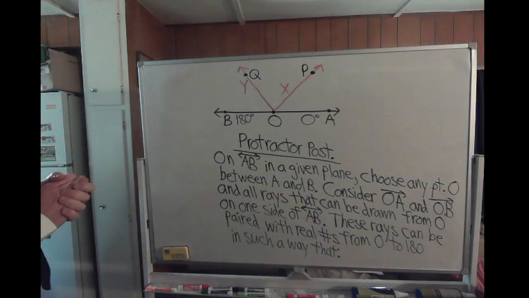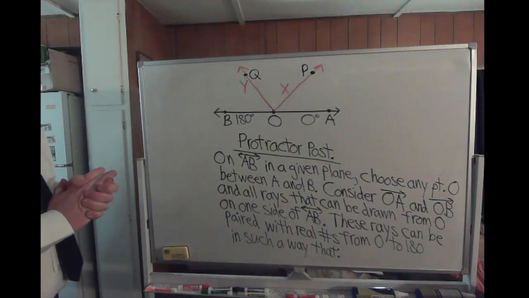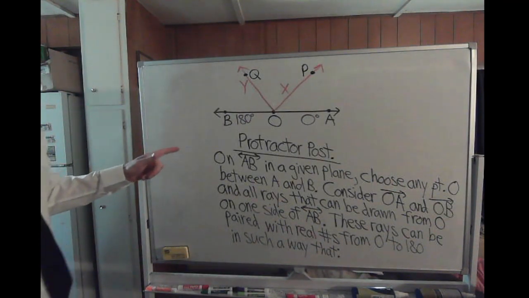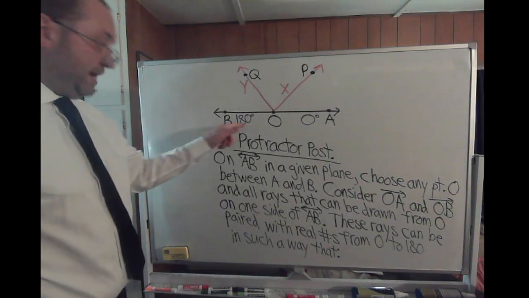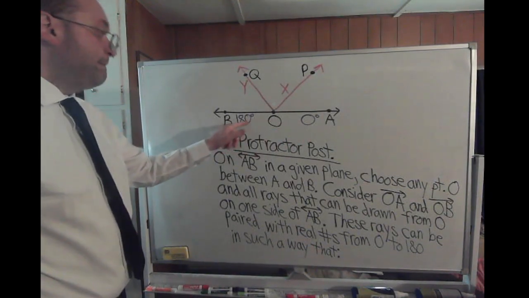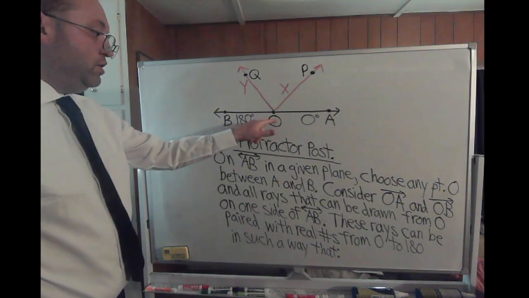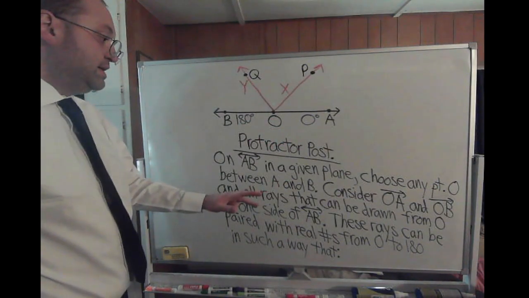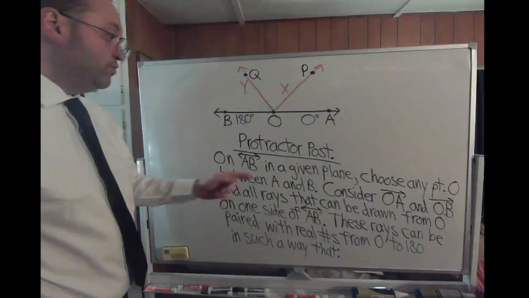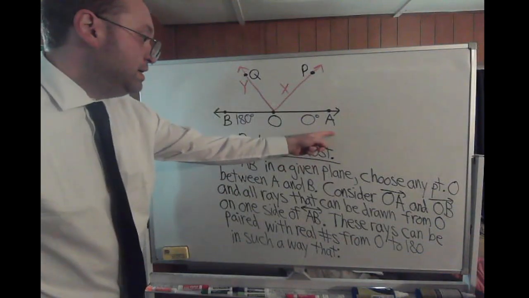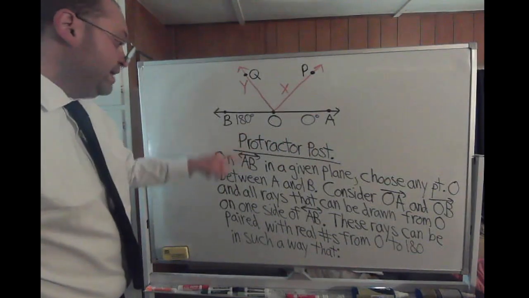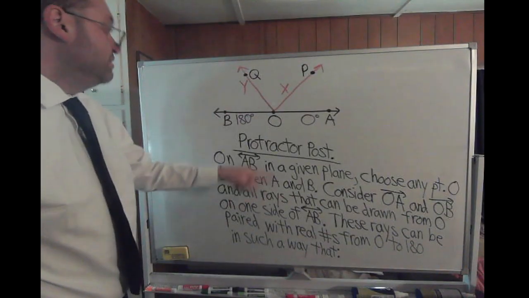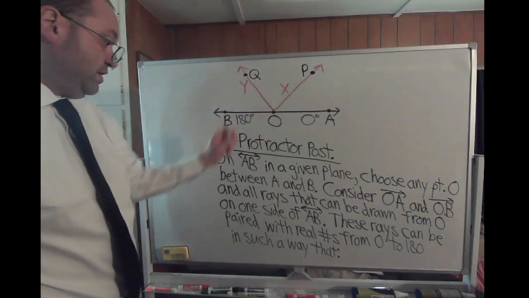So let me read the whole postulate. On line AB in a given plane, choose any point O between A and B. So we have a line AB right here. We have a point O that occurs between A and B. We've met that. Consider ray OA and ray OB and all rays that can be drawn from O on one side of line AB, which we've done here.